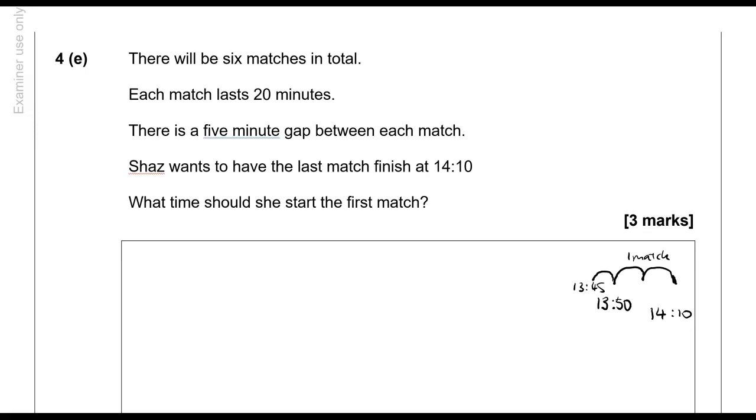Okay, and then 20 minutes for another match. So taking away 20 from the 45, that gives us 13:25. 5-minute break, and that goes to 13:20.